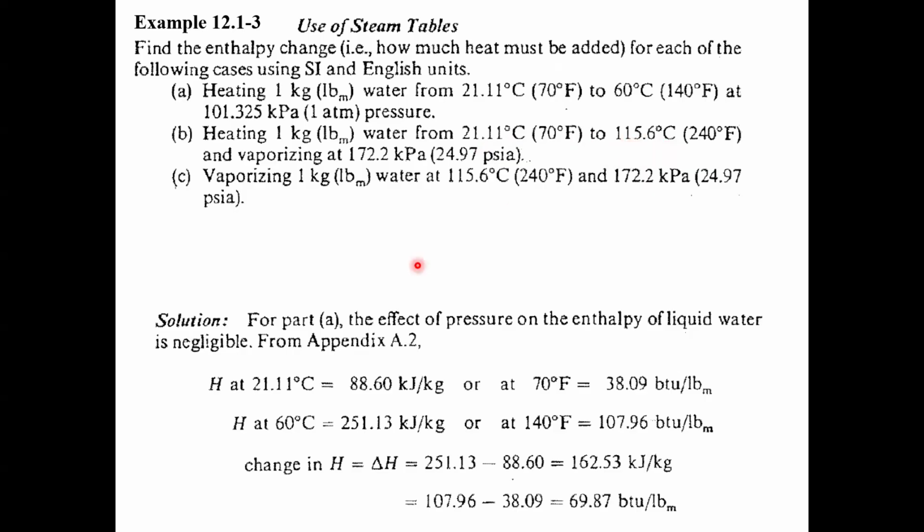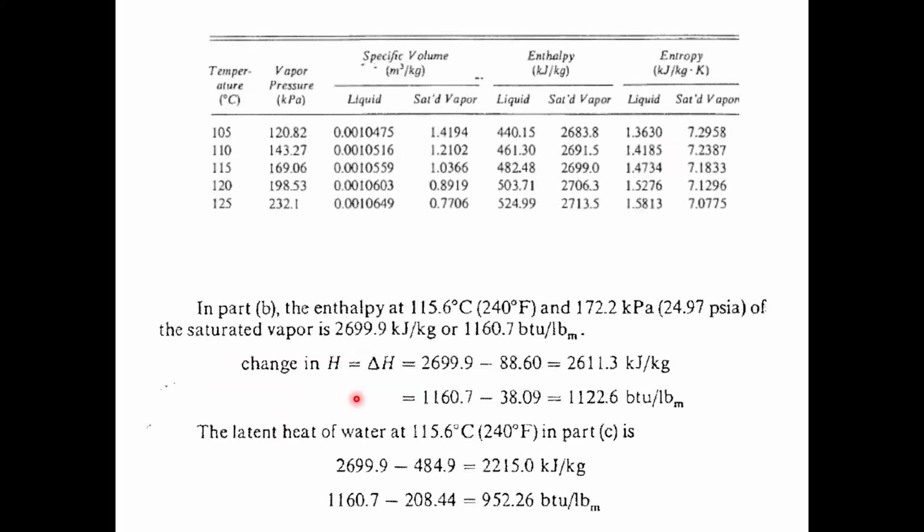The enthalpy of water at 21.11 is shown over here. For the final state, which is vapor at 115.6 degrees centigrade, you have to fish out from the table the enthalpy of vapor at 115.6. It will be closer to 2699, and that's what we have here.